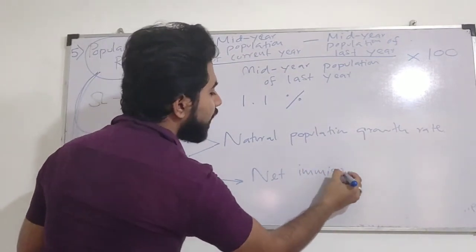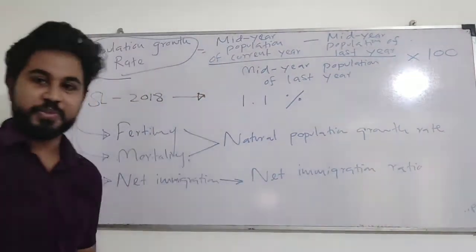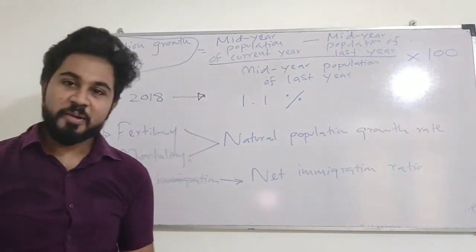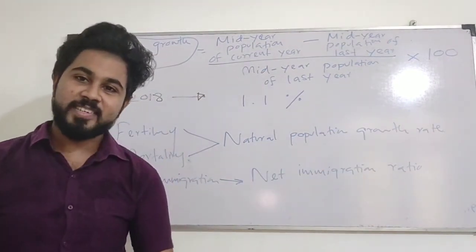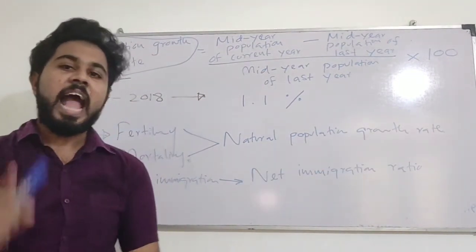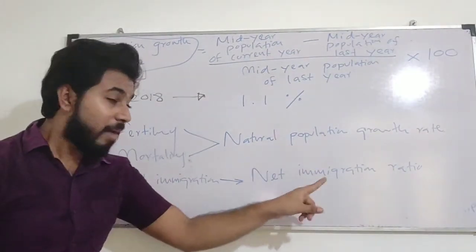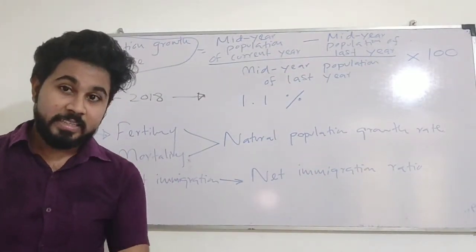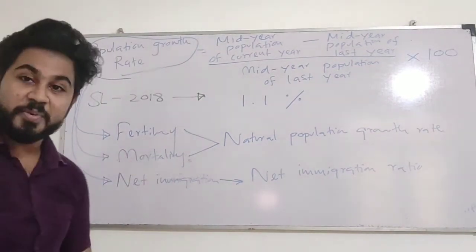Net immigration ratio. So my dear friends, my dear students, natural population growth rate represents the population growth happened because of fertility and mortality. The net immigration ratio represents the growth of the population that happened because of net immigration.